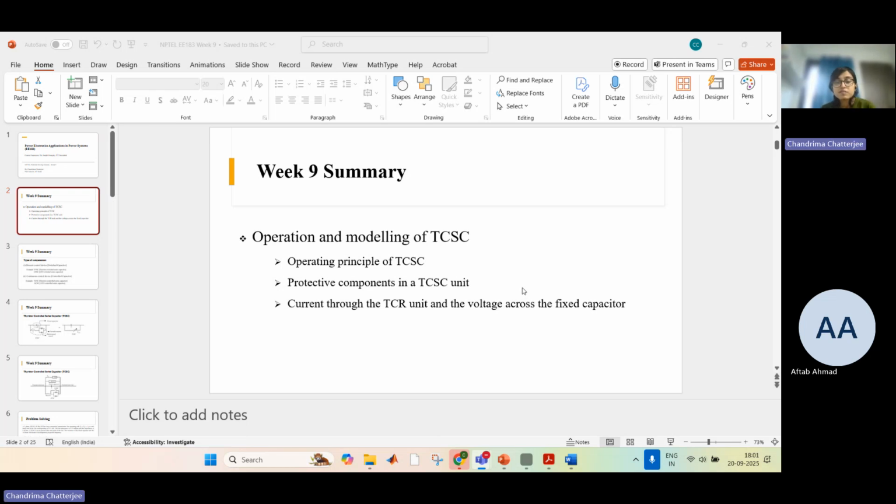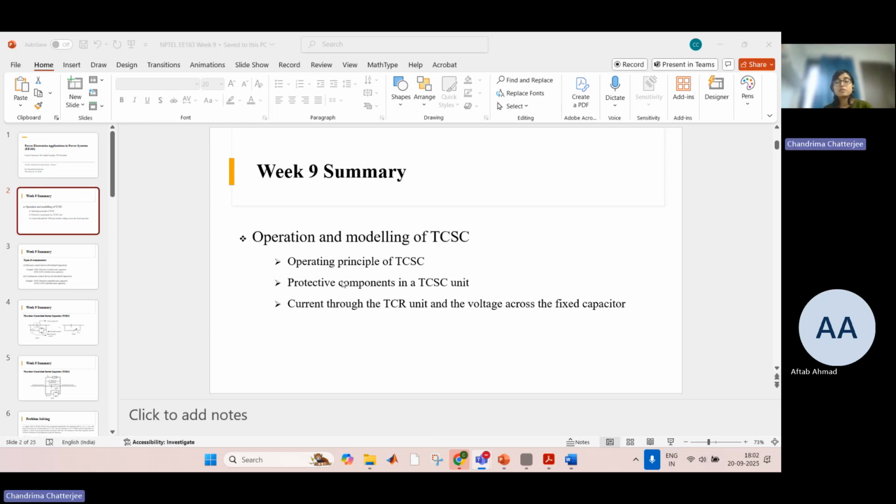So in this week, we shall discuss the operation and modeling of TCSC. What is TCSC? Thyristor controlled series capacitor. That is the full form of TCSC.